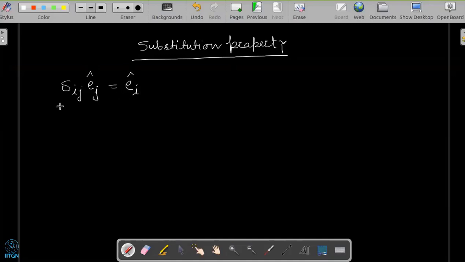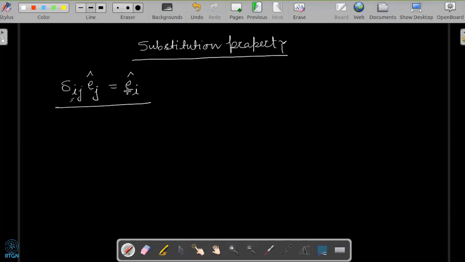What happened in this operation? Here we have i and j. j is the dummy index, and i is the free index, which is not repeated. So when you multiply any base vector with the Kronecker delta, you get the term with the free index. The index gets substituted, and this property is known as the substitution property.